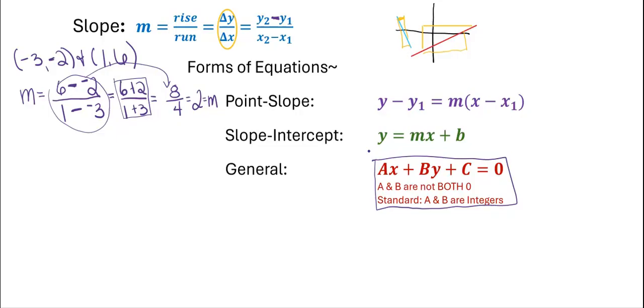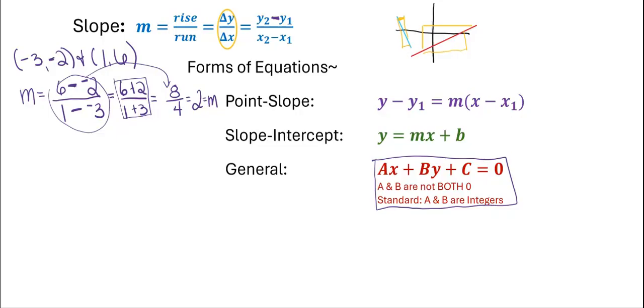Slope intercept is the easiest to read and to graph, but it is not the easiest to figure out the equation of a line from. In order to figure out the equation of a line, you really need point slope form, because in point slope form, all you have to have is one point and the slope, and you can figure out the equation of a line, which we're going to do with these 2 points that we've already worked with here.